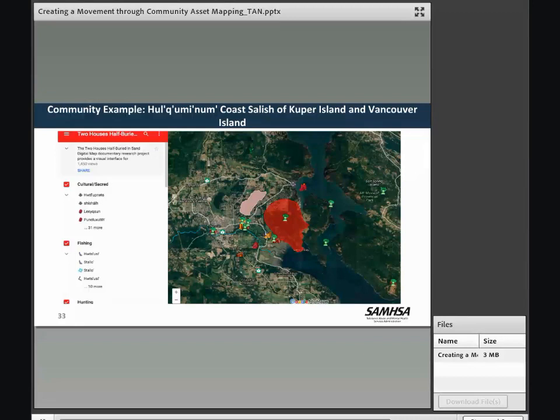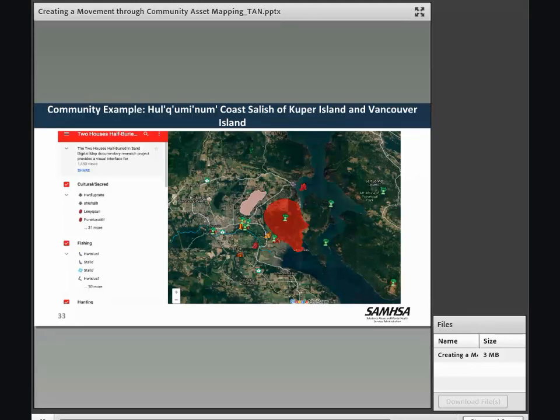And so it's really visual and interactive, it locates the stories and the waterways, and you see little icons and you can click on them. You can have them be linked to videos.